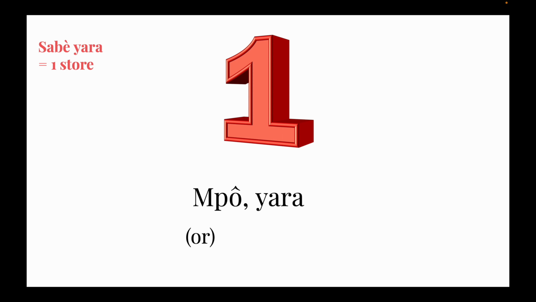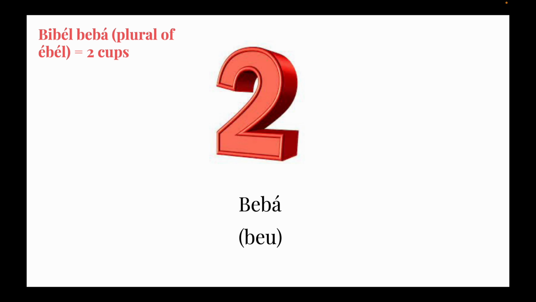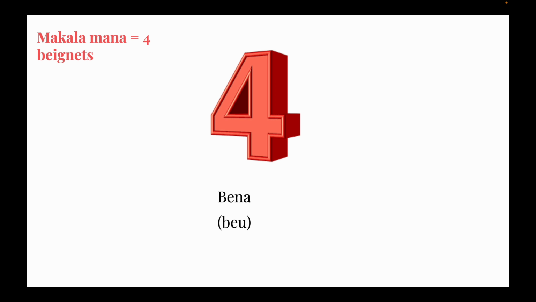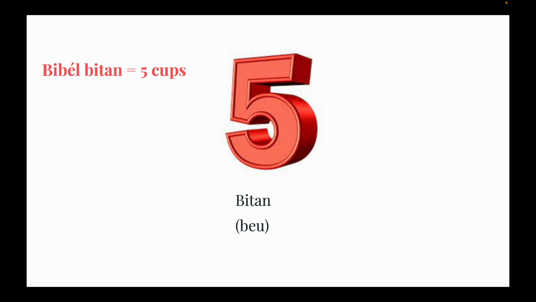To say one store, sabe yara. Number 2, beba. Bibel beba, 2 cups. Number 3, bera. 3 beignets, makala mara. Number 4, bena. 4 beignets, makala mana.